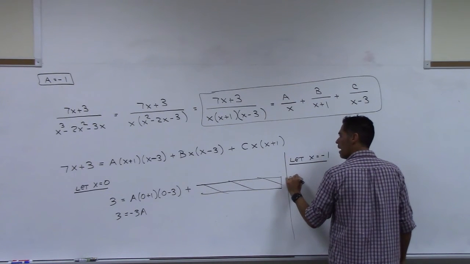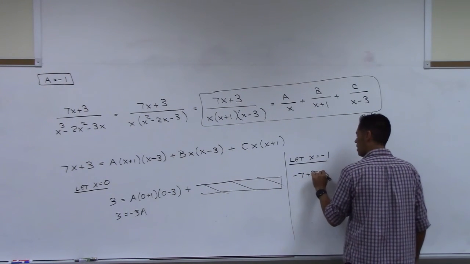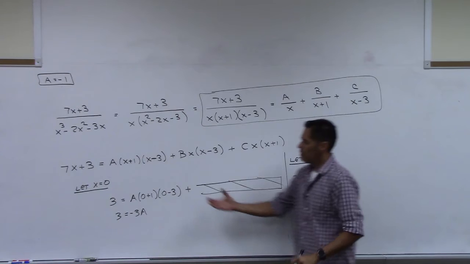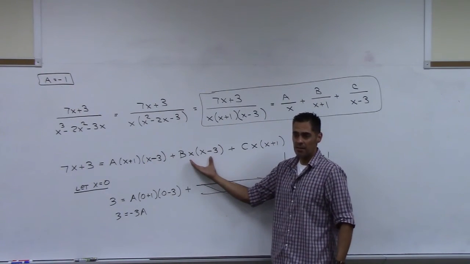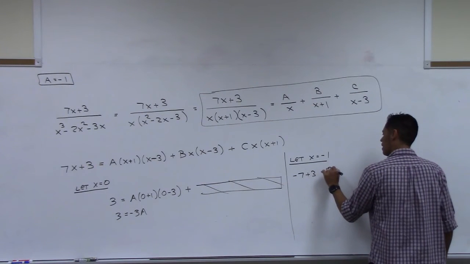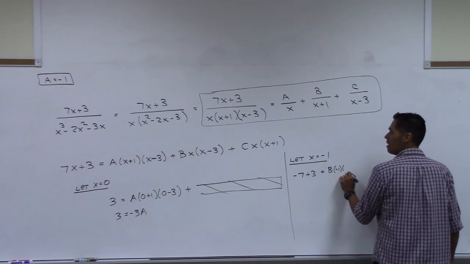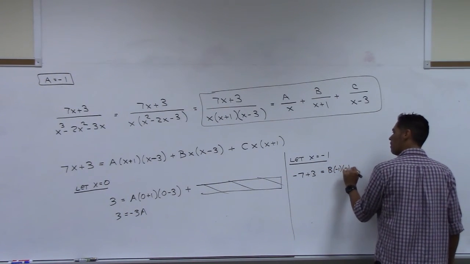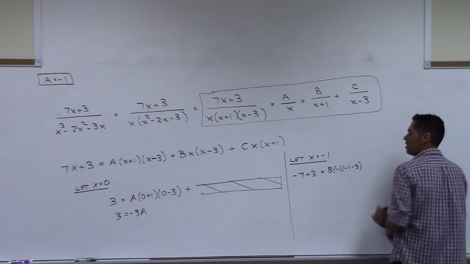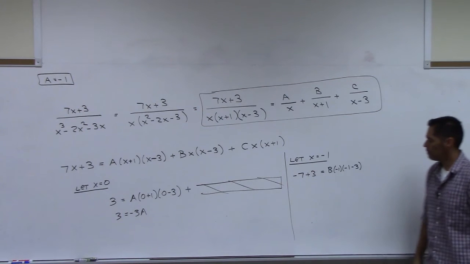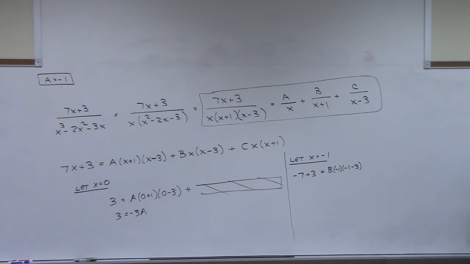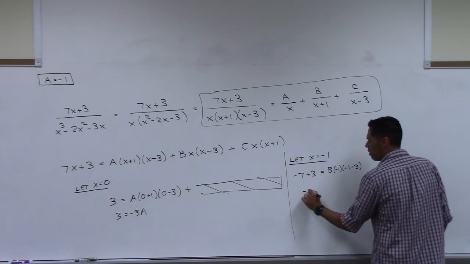We get negative 7 plus 3 equals, this part's gone. This part's not. So I have B times negative 1 times negative 1 minus 3. And then the C part's gone, isn't it? This gets killed off.